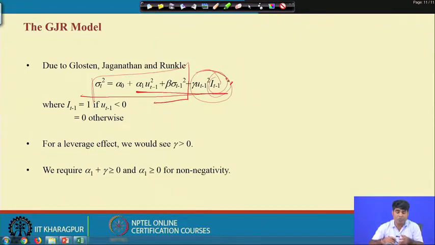That means, by default we can include another variable in this particular GARCH model, and for a leverage effect we would see whether the particular parameter is positive. The need is that alpha 1 plus the leverage parameter should be greater than or equal to 0, and alpha 1 for its non-negativity, that is the structure of GJR.